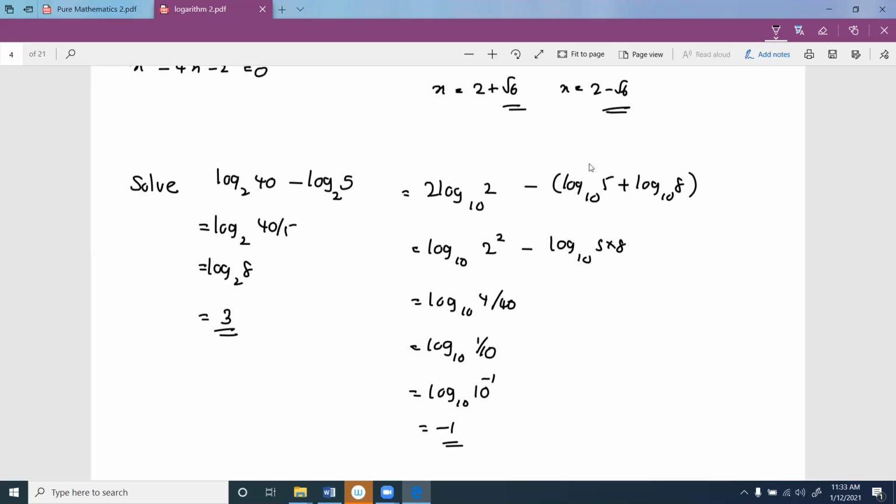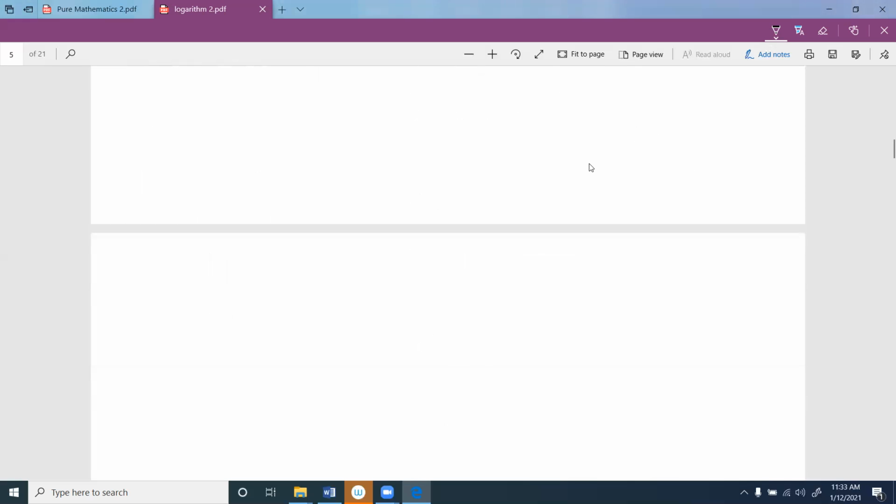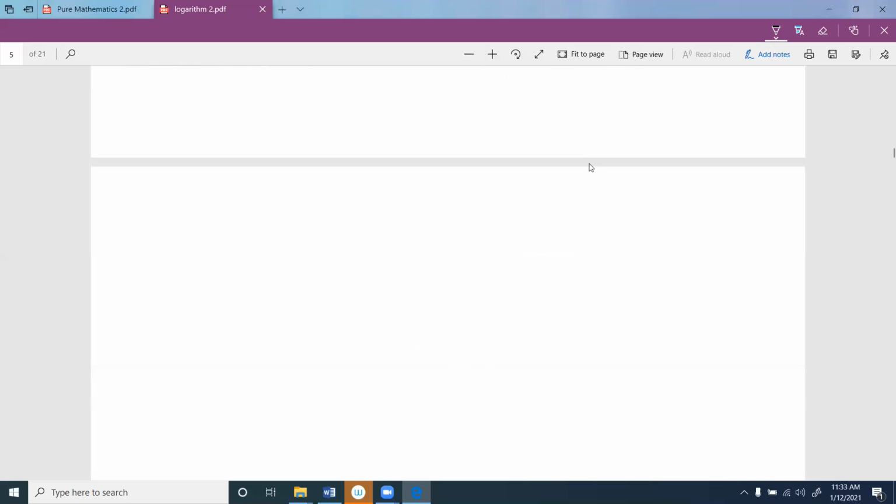Right. Then there are other extensions. They might give a question like this. They have given log 3 (x plus 1) equals 1 plus 2 log 3 (x minus 1).